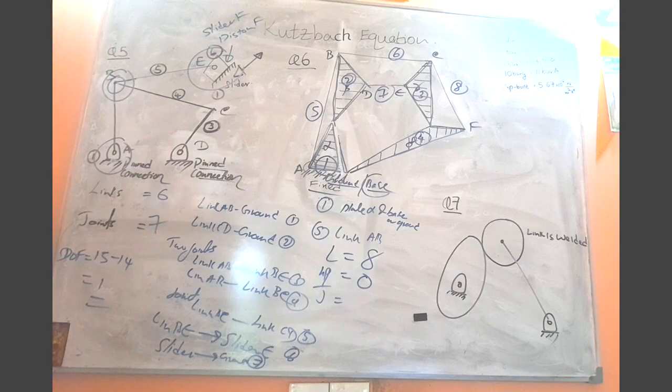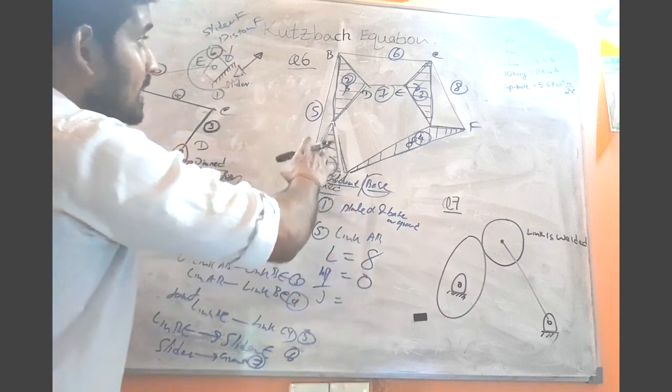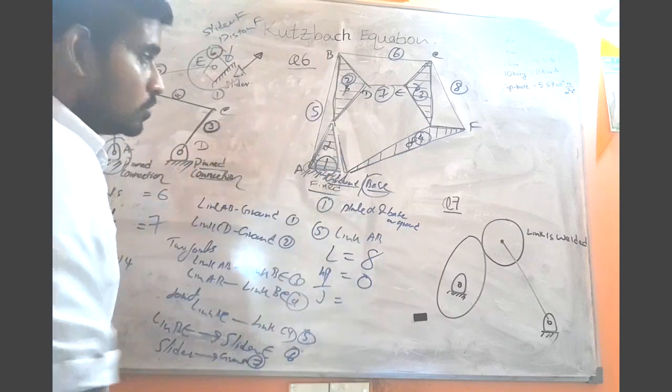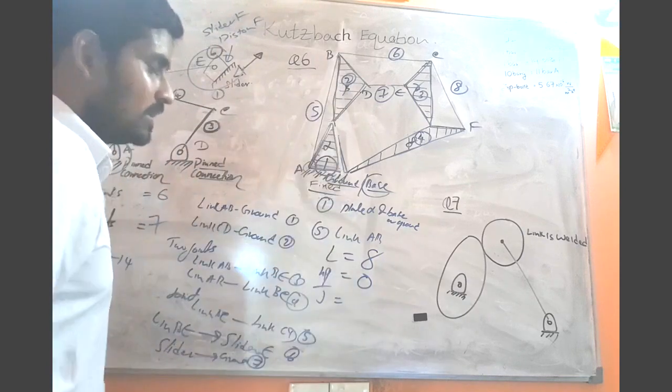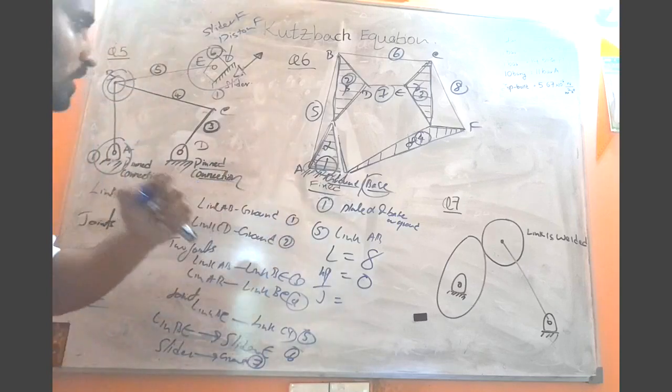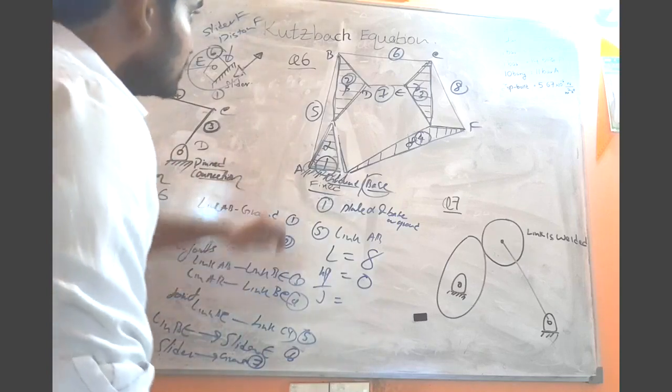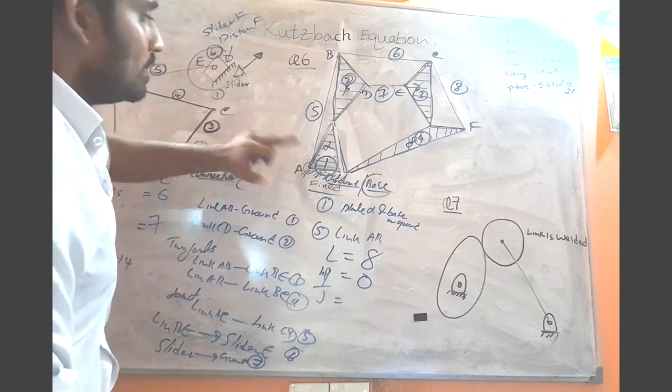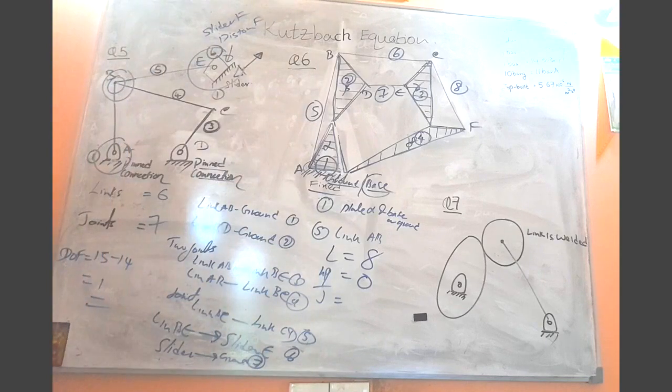That is the joint that connects the link AB to the base. That is joint number 1.